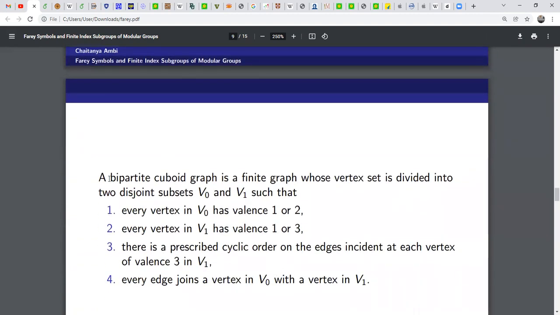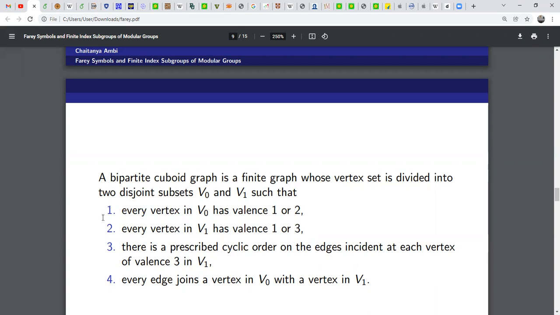Now, to depict what is happening more effectively, bipartite cuboid graphs were introduced. A bipartite cuboid graph is a finite graph whose vertex set is divided into two disjoint subsets V0 and V1, such that every vertex in V0 has valence 1 or 2, every vertex in V1 has valence 1 or 3, and there is an additional prescribed cyclic order on the edges which meet at each vertex of valence 3, and every edge joins a vertex in V0 with a vertex in V1.